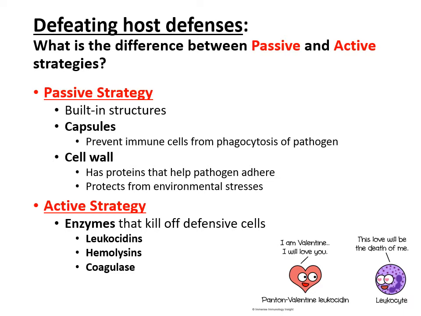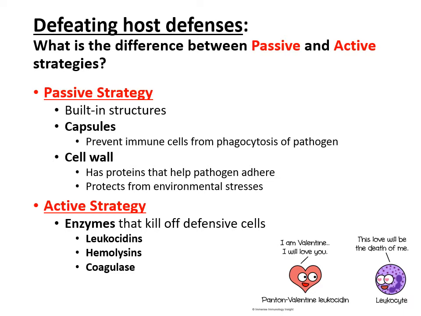The three big examples of active strategy are leukocidins, hemolysins, and coagulase. Leukocidins are enzymes that kill leukocytes, which means white blood cells. Hemolysins instead, hemo, are going to kill red blood cells, causing those red blood cells to lyse.